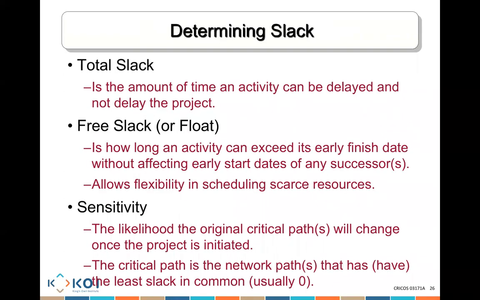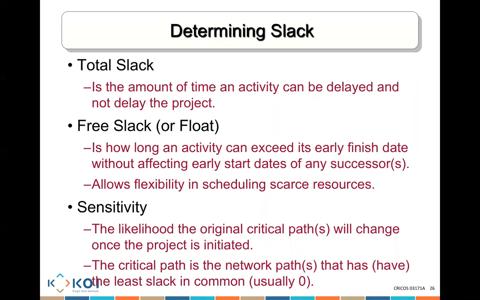We have two types of slack. One of them is called total slack, and the other is called free slack. Total slack is the amount of time an activity can be delayed without delaying the actual project. So how long could something be delayed without delaying my project from being completed? That's the first thing to bear in mind. The other thing is what we call free slack.